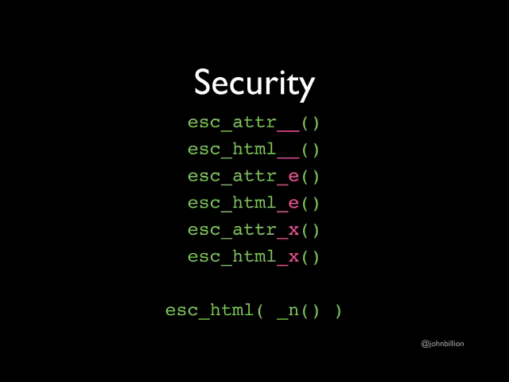We've got the escape attribute version of __, and the escape HTML version, and again the same for _e, so they echo, and _x for numbers and context. We haven't got currently esc_html_n, but I believe that's going to appear in WordPress 4.7.